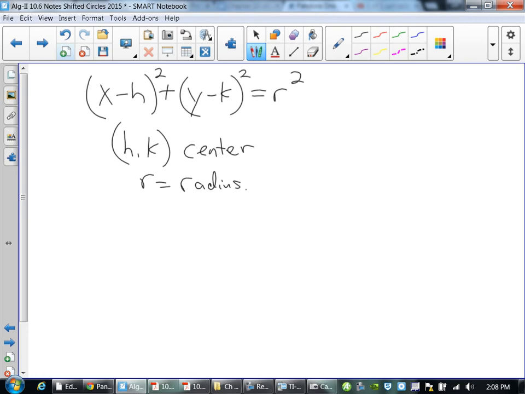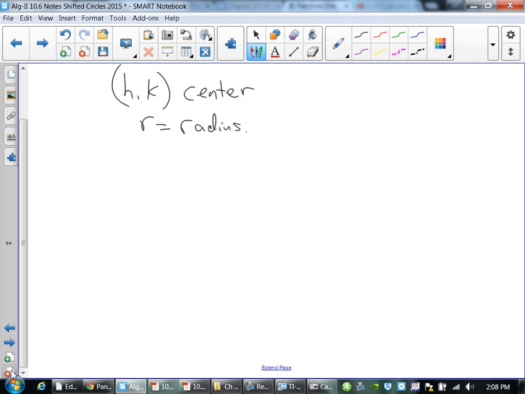Anyway, so you could be asked to write the equation of the circle that has the center of -3 and 4 and a radius of 6. So if I want to write the equation for that, I know my h and k, I just substitute in.